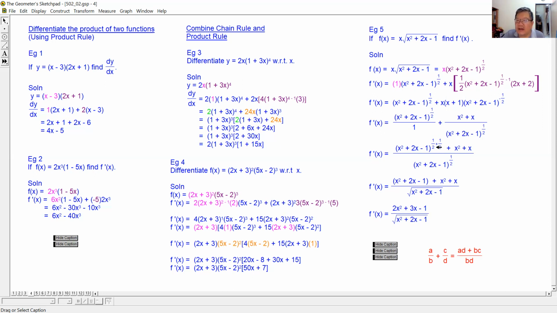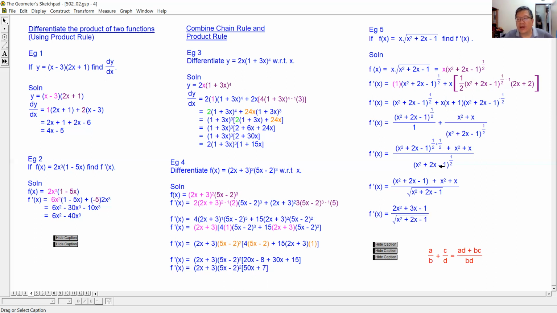So you just add the indices together: half plus half becomes 1. When you multiply the denominator with the numerator on the other side, multiplying by 1 means the same thing. So over here, you can remove the bracket because the power of 1 is the same. So x plus x becomes x squared, 2x plus x becomes 3x, and negative 1.